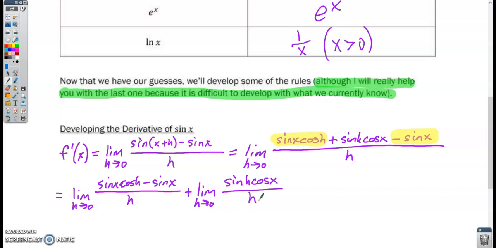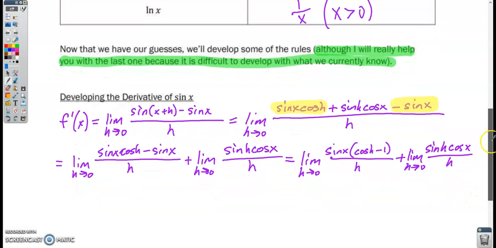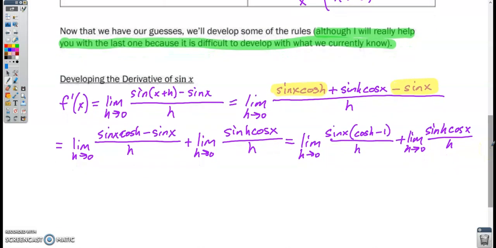All right. Now from here, I'm going to do a little bit more algebraic manipulation. In this first one, I'm going to factor a sine of x out in the numerator. That's cosine of h minus 1 all over h. And now that I get to here, all of the factors that contain x's in them are constant with respect to these limits because h is the variable component of these limits.